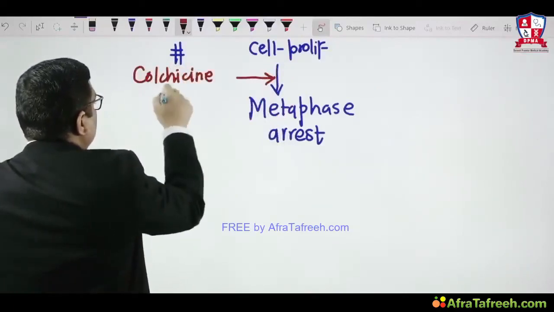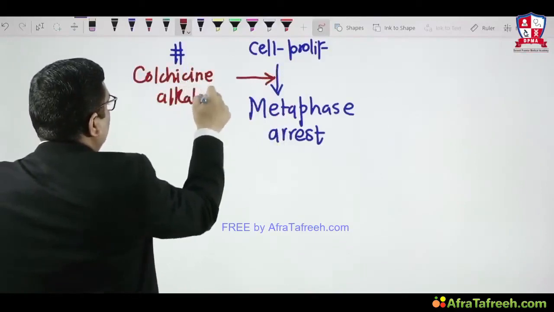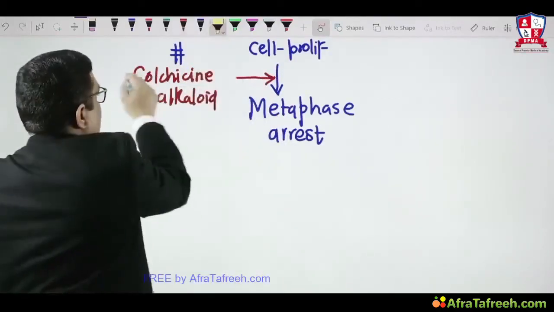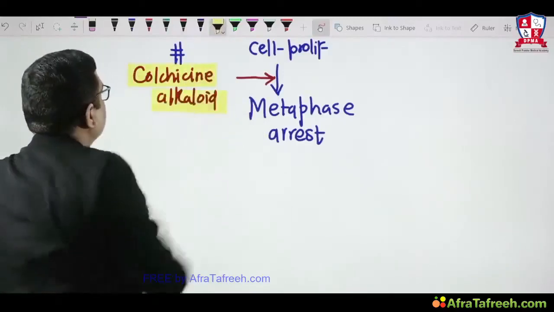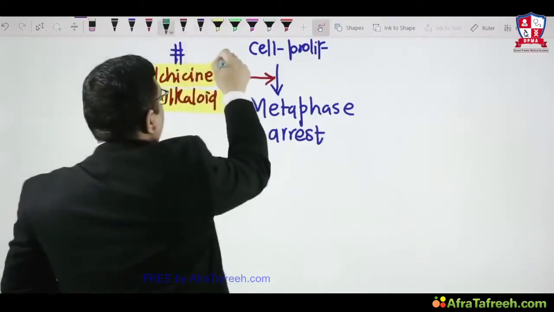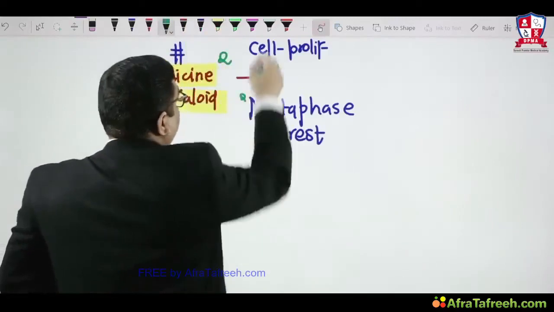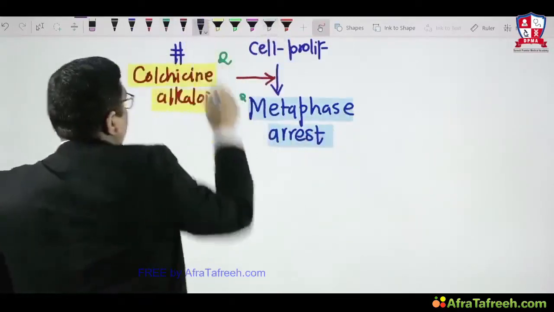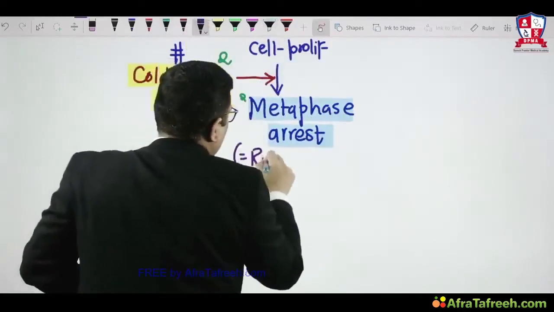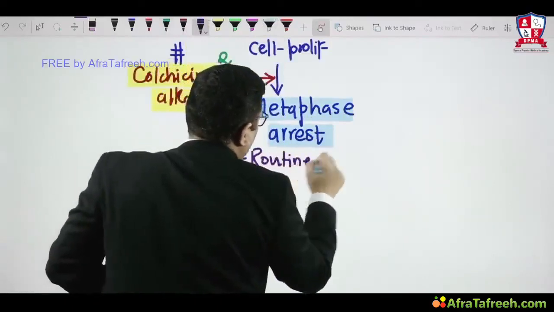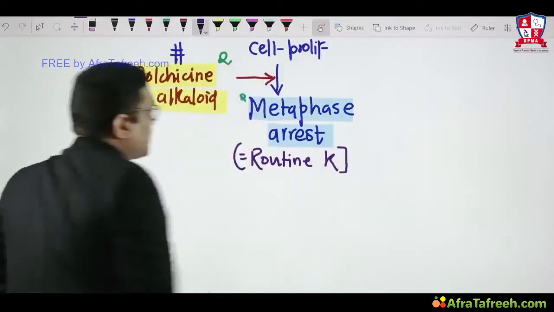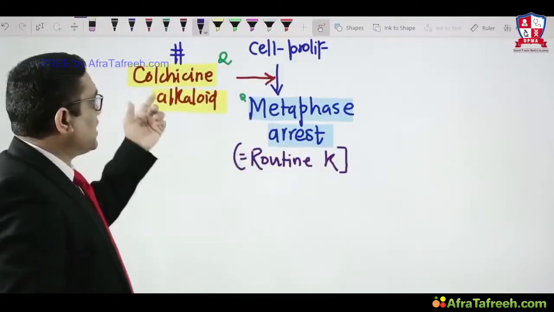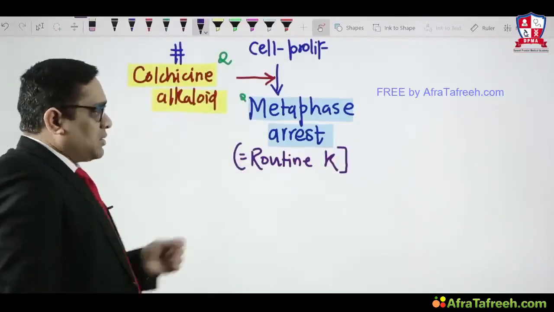This colchicine alkaloid is responsible for metaphase arrest, and metaphase arrest is used for routine karyotyping. So the cell will be arrested in metaphase by adding the alkaloid known as colchicine. What is the drawback?